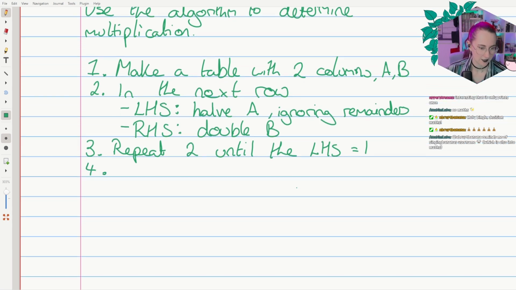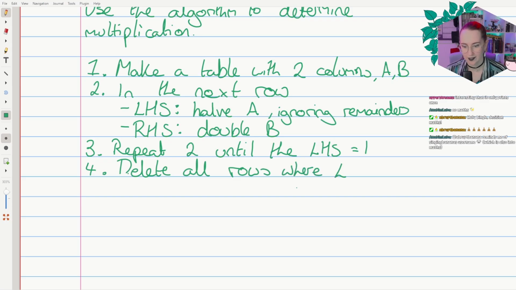Step 4. Delete all rows where the left-hand side is even.